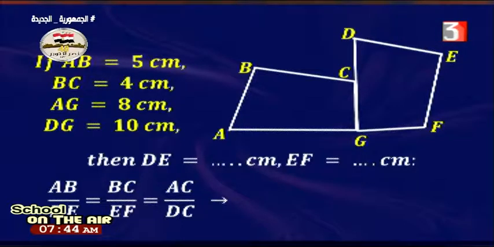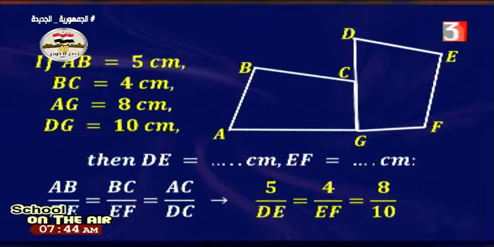By substituting the lengths of the sides in front of you, AB equals 5, so instead of AB we put 5 over DE equals, instead of BC, we put 4 over EF equals, instead of AC, we put 8 and DF equals 10.